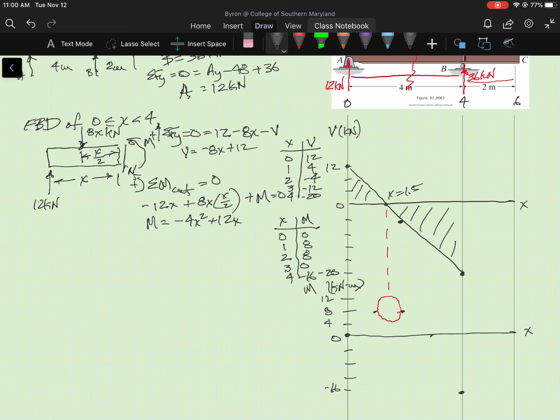So at x equals 1.5, the moment equals 9. So I'll put that in, and now I have that maximum point of the moment curve. Now I'm going to sketch in my curve, or try to. Remember, it's going to look like a parabola.